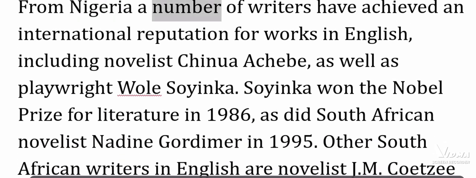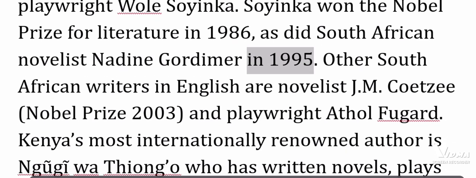From Nigeria, a number of writers have achieved an international reputation for works in English, including novelist Chinua Achebe, as well as playwright Wole Soyinka. Soyinka won the Nobel Prize for Literature in 1986, as did South African novelist Nadine Gordimer in 1991.